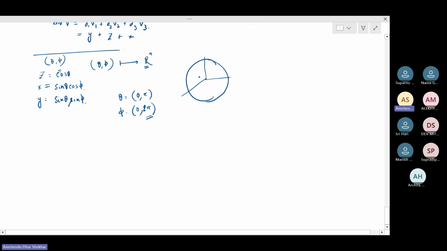If we just draw a picture of this theta phi system, theta is from 0 to pi and phi is from 0 to 2 pi, let's say. So you have this rectangle, essentially this rectangle minus the endpoints of this rectangle.